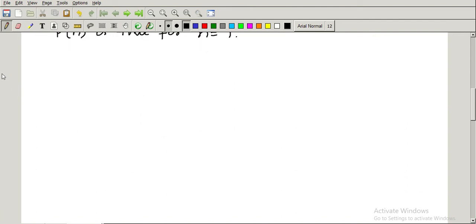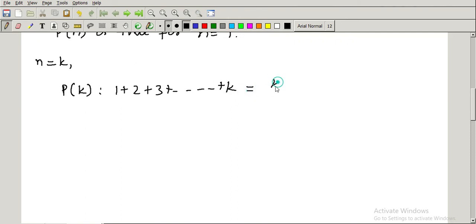Now we write, in the next step, you can say step 2, for n is equal to k. So for n is equal to k, Pk, right, will be 1 plus 2 plus 3 till k is equal to k(k plus 1)/2.